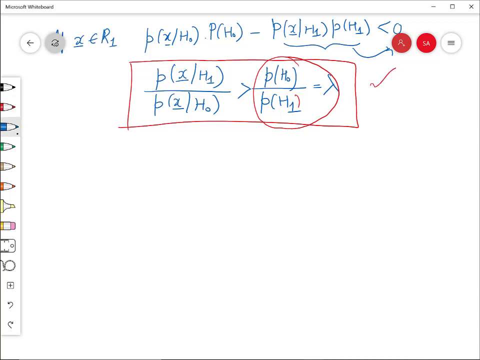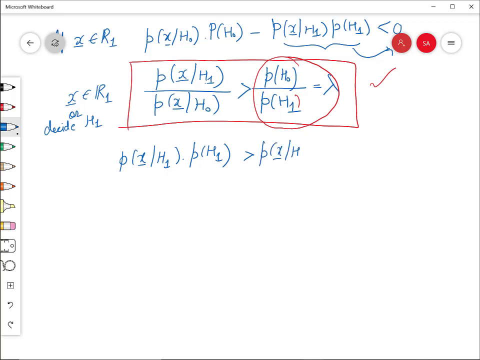Let me do a cross multiplication. So I get probability of x given h1 times probability of h1 is greater than, so if this condition is true, x belongs to R1 or decide h1. If this happens, I take this to the other side, and I get this particular expression here.